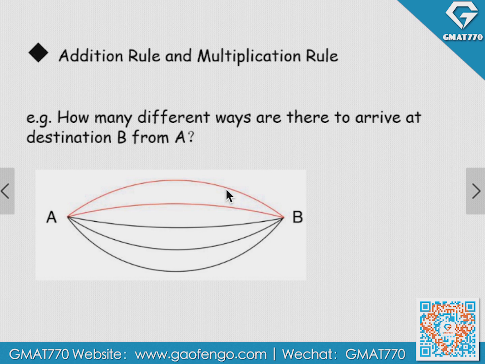As we learned before, each of the lines can independently solve this question, so you need to add them together since they are different methods. So you will add 2 to 3, which is equal to 5. So you will have 5 different methods to solve this question, 5 different ways to arrive at B from A. So in these questions, we use addition rule.